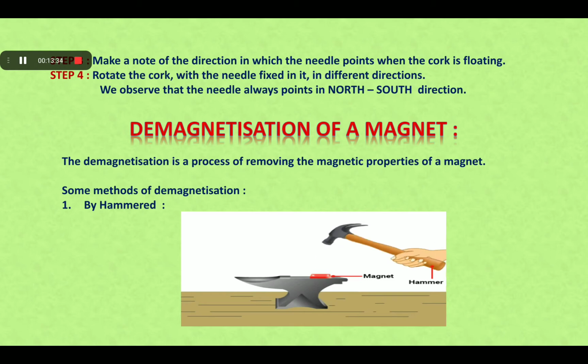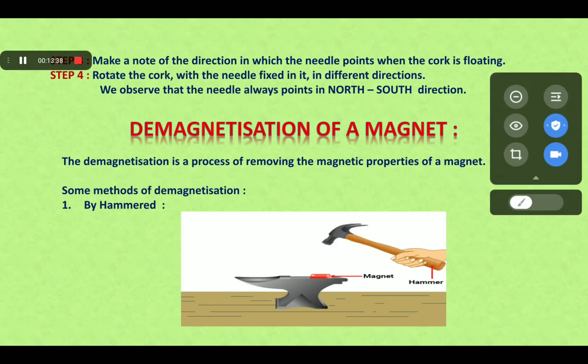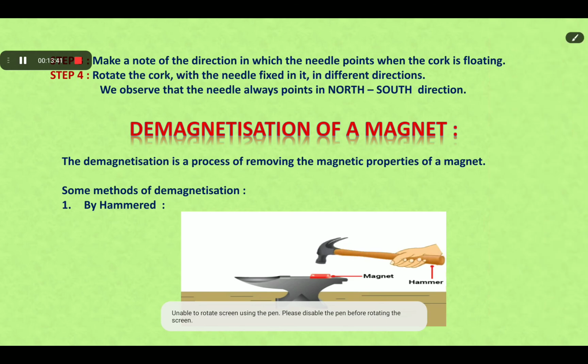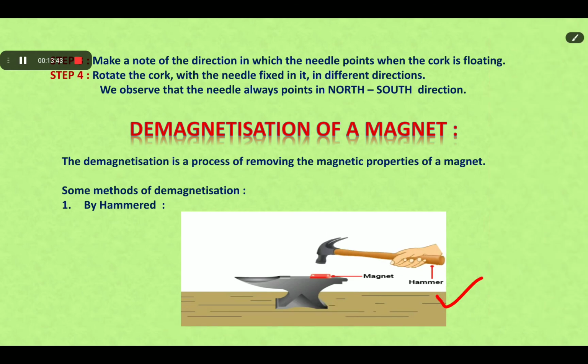If we hit a magnet with a hammer, as you can see in the image, continuously for some time, then the magnet loses its magnetic property. In this way, by hammering, the magnet can be demagnetized.